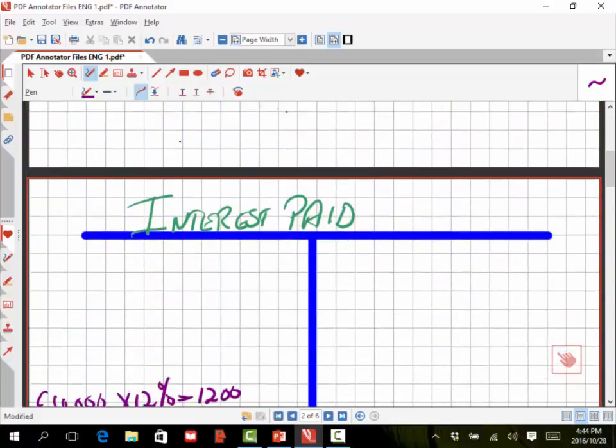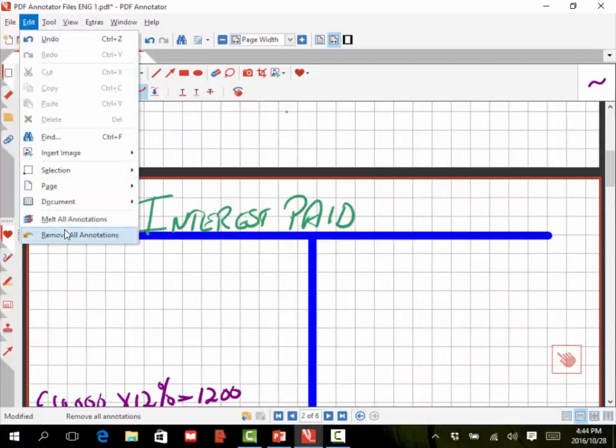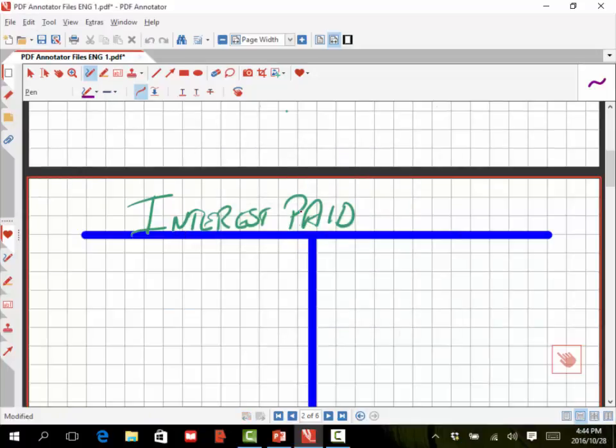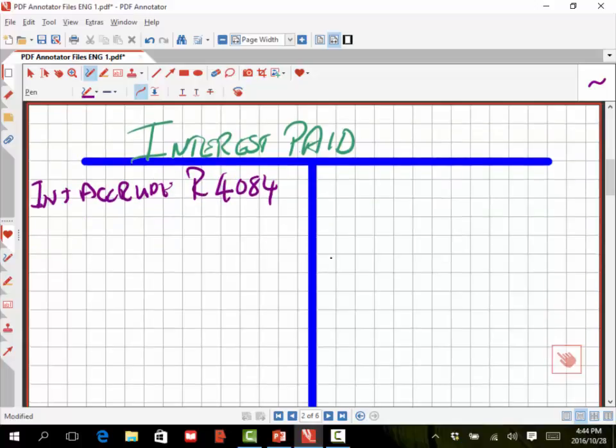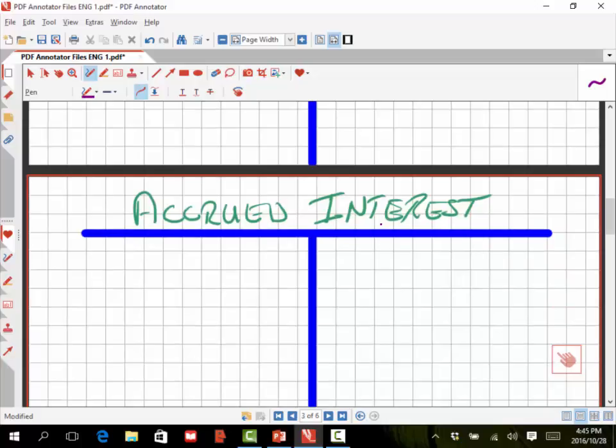So let's just put through that journal entry. Let's just clear the calculations. And we will say there, interest accrued, and the amount will be 4,084, and that we will take to the interest accrued account.